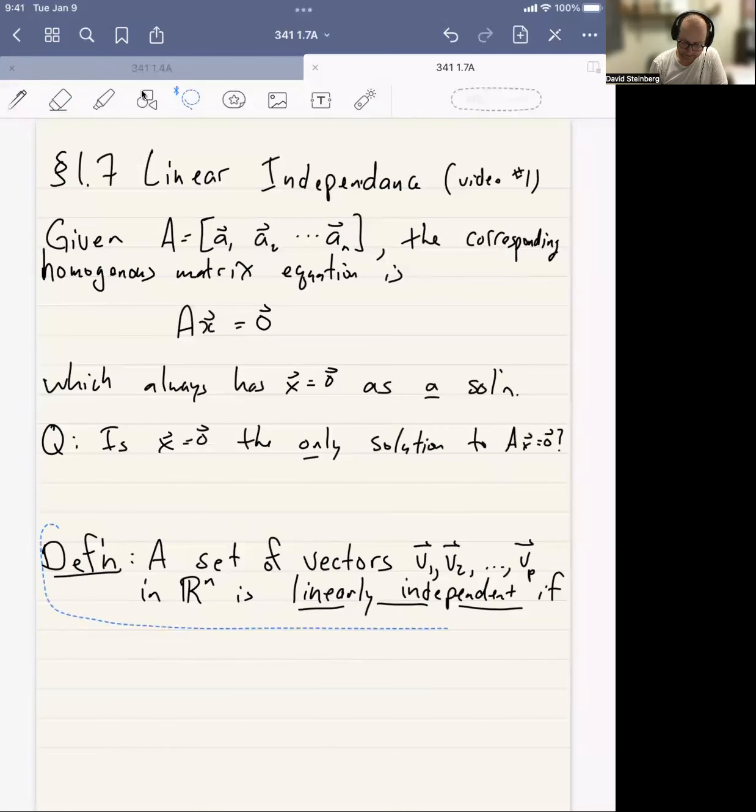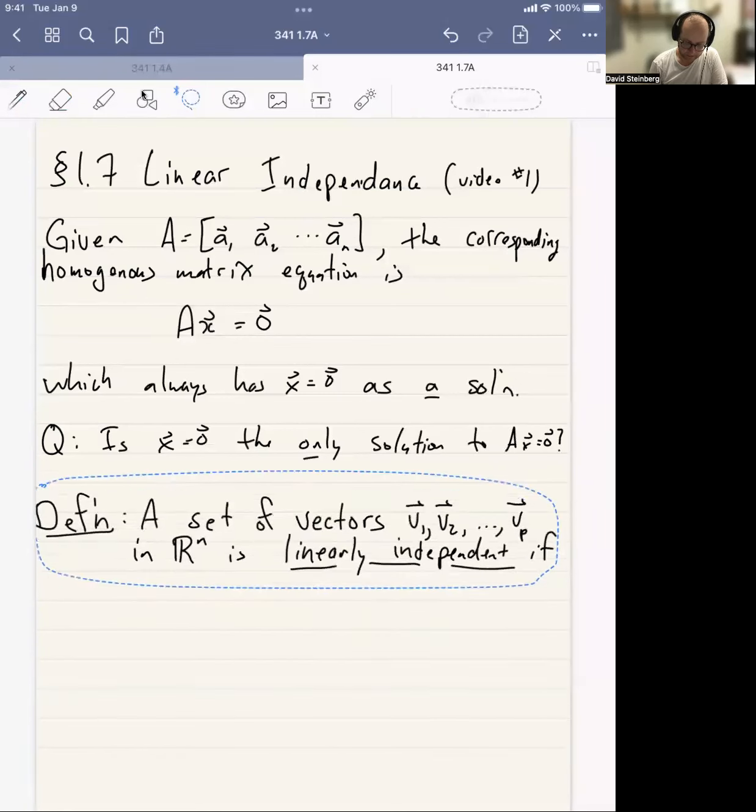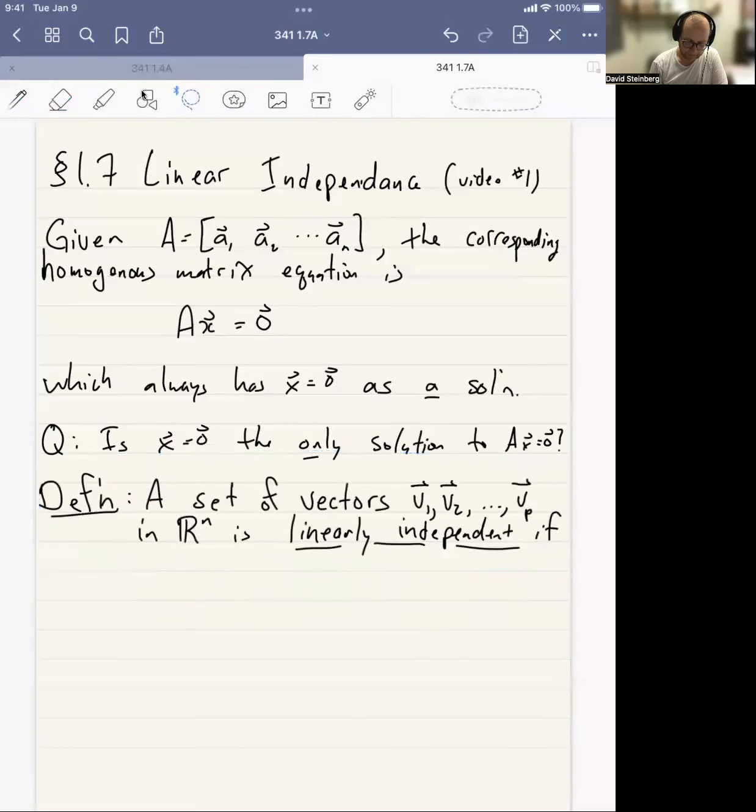Let's move this up a little bit, give ourselves some more room. There we go. This is supposed to motivate the next definition.